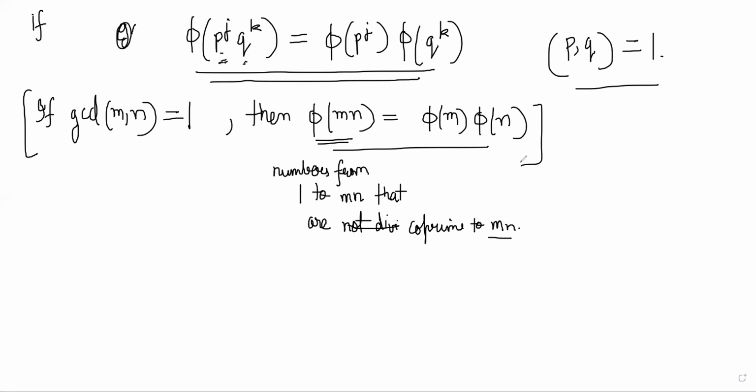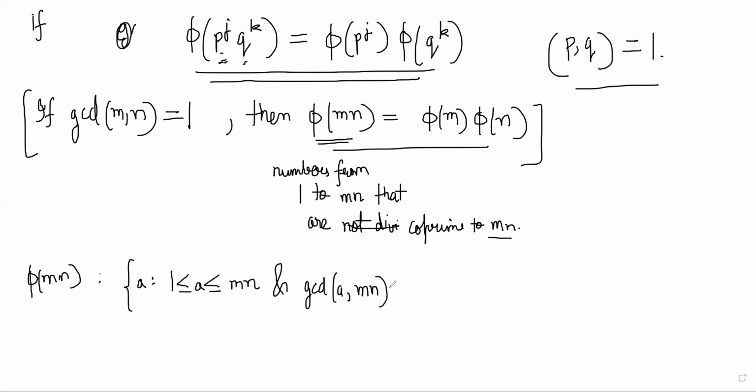The first set, phi of MN, is the set of numbers A such that 1 is less than or equal to A is less than or equal to MN, and GCD of A and MN is equal to 1.